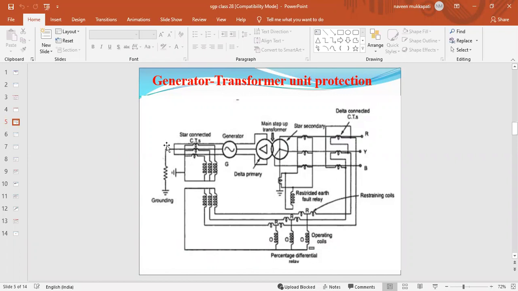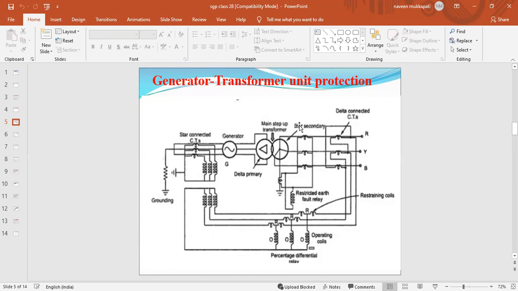Suppose any disturbances or faults occur internally, that means internal faults occur in the generator or the transformer or both of the units. Due to the fault current, some disturbance occurs between these two CTs.